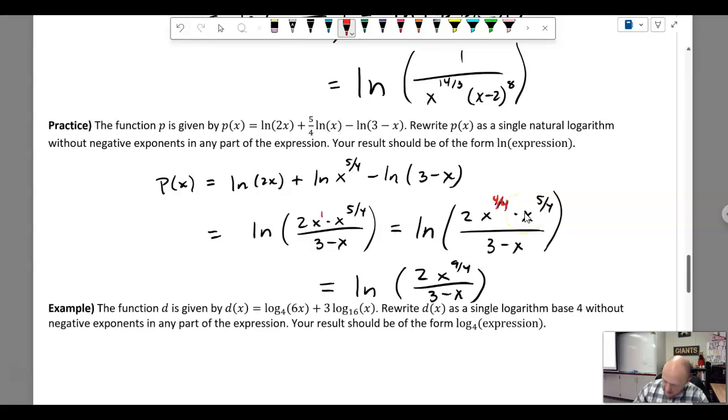Now I can combine those, right? So 4 plus 5 gives me 9. So here's your final answer, natural log of 2x to the power of 9/4 divided by 3 minus x. Again, when you add, you multiply the arguments. When you subtract, you divide. Okay? How'd you do? Did you get it?